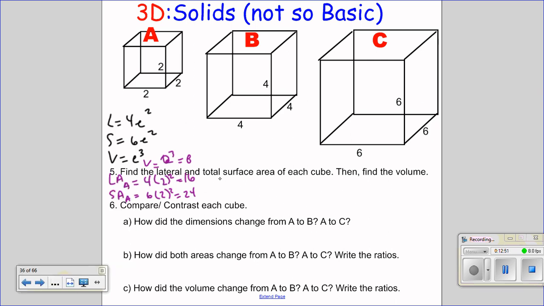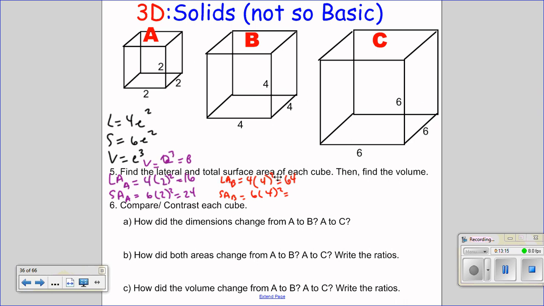Now for cube B, the lateral would be 4 times 4 squared. 4 squared is 16. 16 times 4 is 64. The surface area would be 6 times 16. I don't know that one off the top of my head.